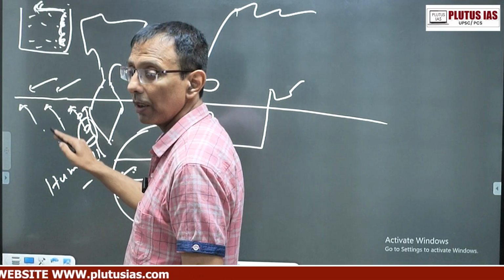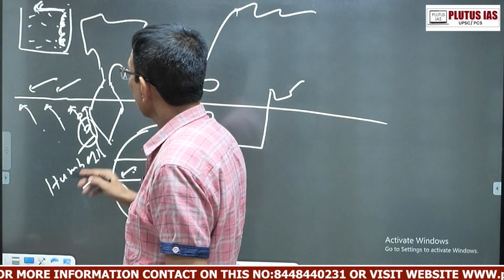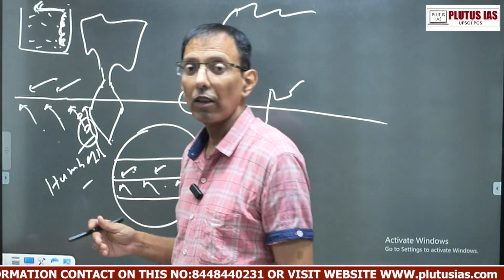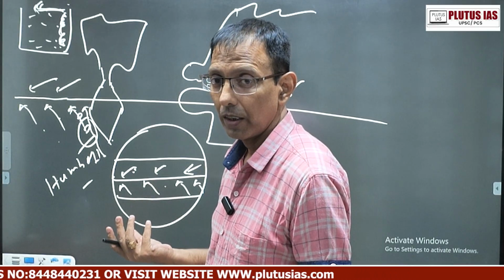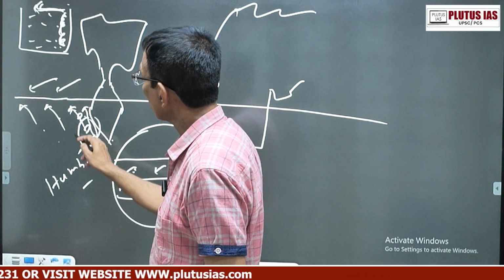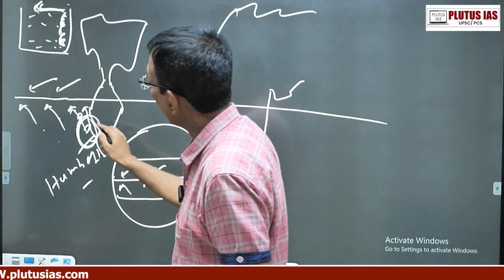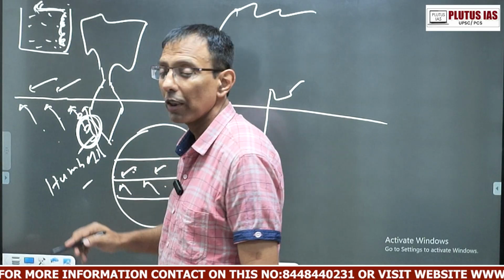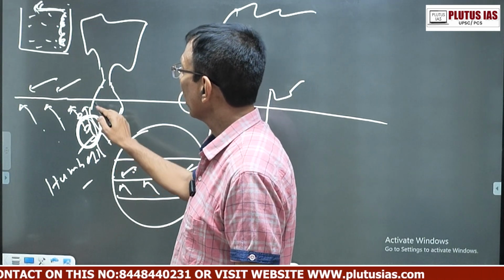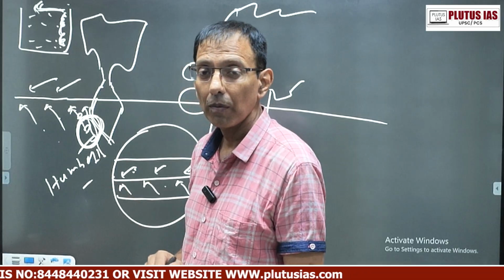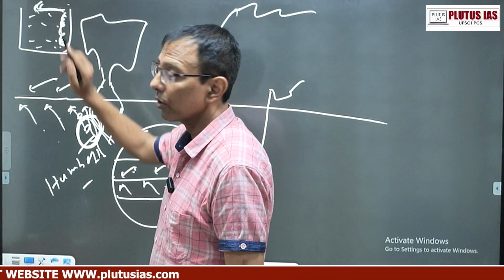Hence, there would be a specific current known as the El Nino current. What happens in the Pacific Ocean? This is the El Nino phenomenon which happens in the East Pacific Ocean near the coast of Peru, where upwelling is getting stopped.